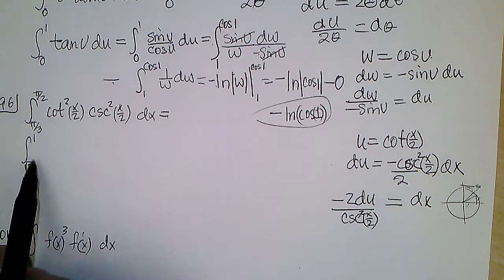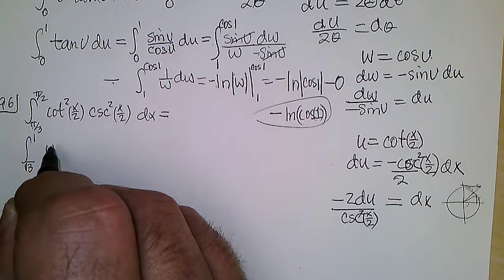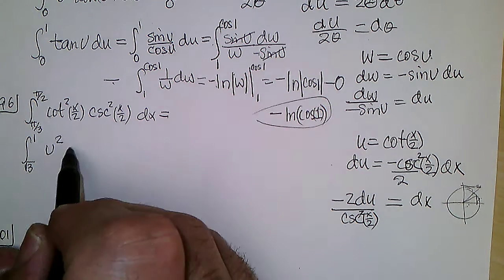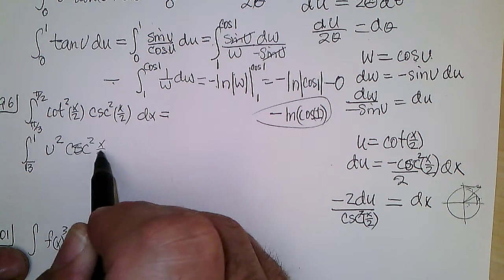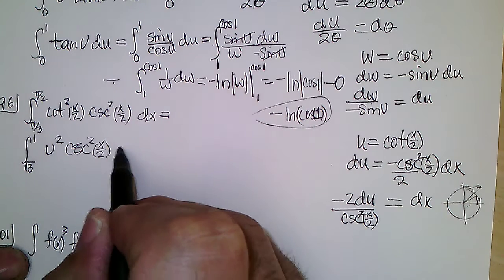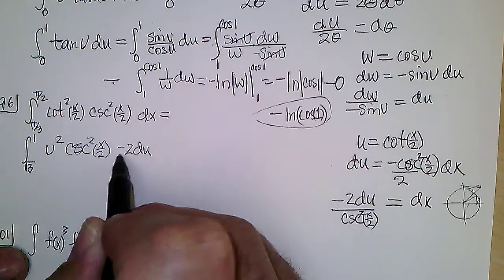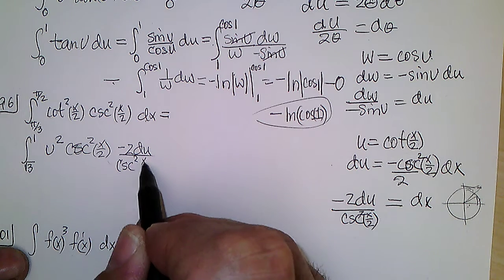We have the cotangent squared, which is what we let u be, so we got u squared cosecant squared of x over 2. dx is going to be replaced with minus 2 du over cosecant squared of x over 2.